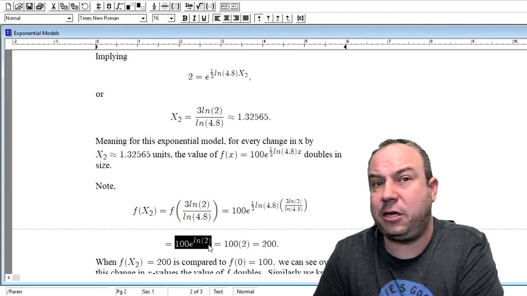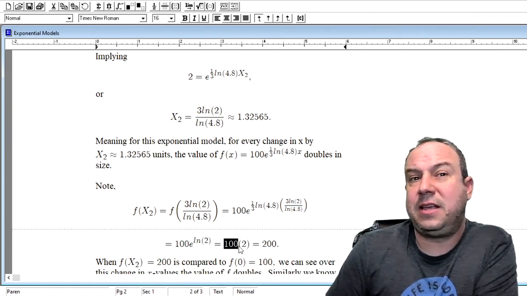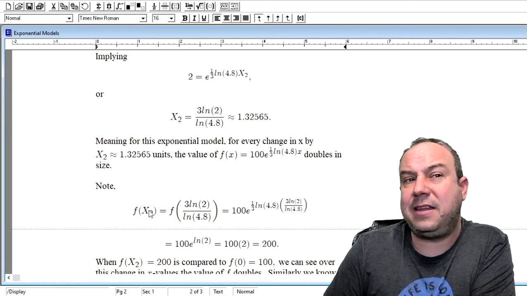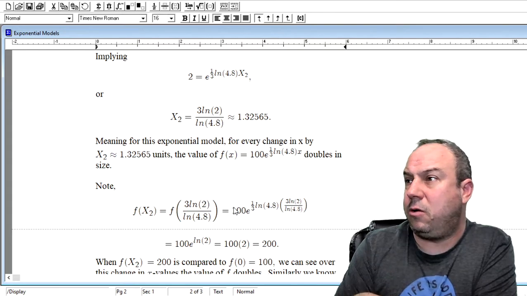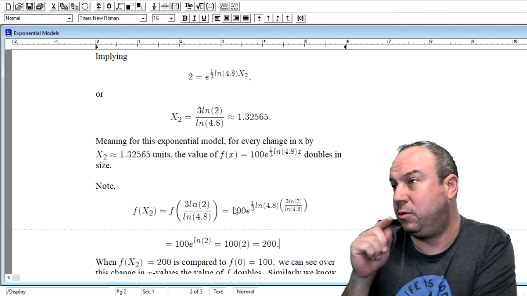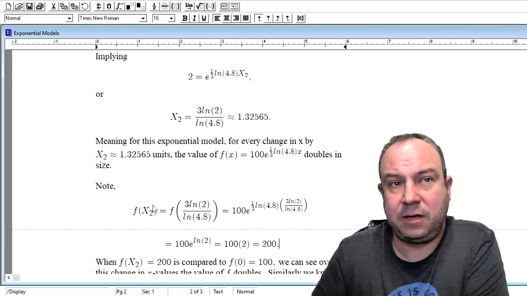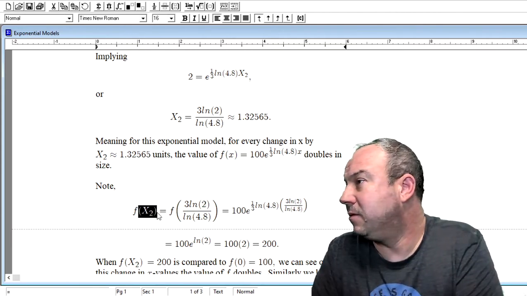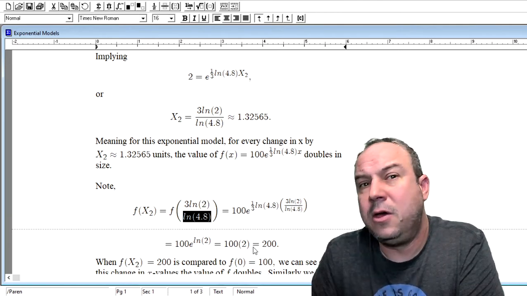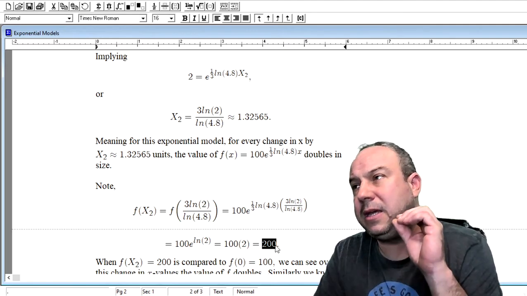Now, e to the ln of 2 is just 2. So you'll be left with 100 times 2, which is 200 in value, indicating that if we start at 0, it's 100, and if we allow x to elapse to x sub 2, the given value, 3 ln of 2 divided by the ln of 4.8, we will see that the value given by this functional model will be doubled.